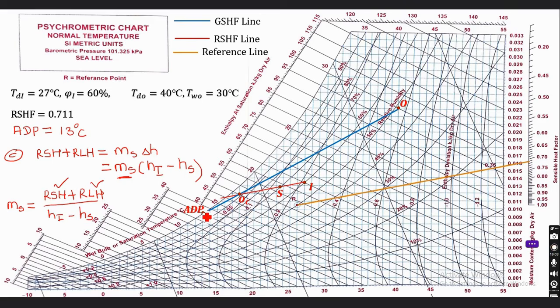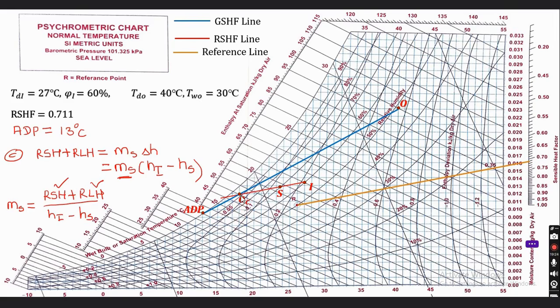But as some amount of air is bypassing the cooling coil, we are not getting the temperature at the exit equal to the coil temperature. We are getting more than that coil temperature. So the air which comes out of the coil is OC, 18 degrees Celsius, right?